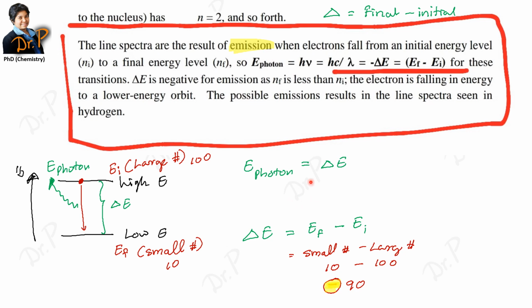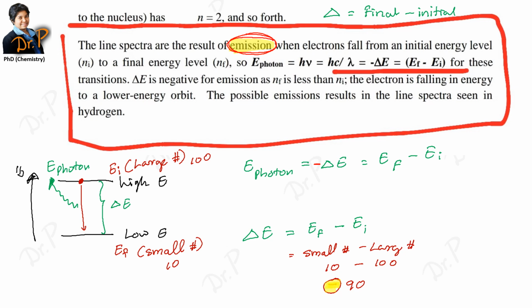Now I'm going to rearrange and make some little changes to this equation I have written. You know how to get the delta E. It is final minus initial. But now I'm going to put this negative sign just to indicate that we are writing all these for emission.